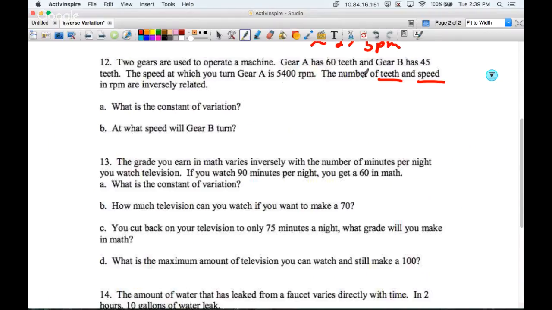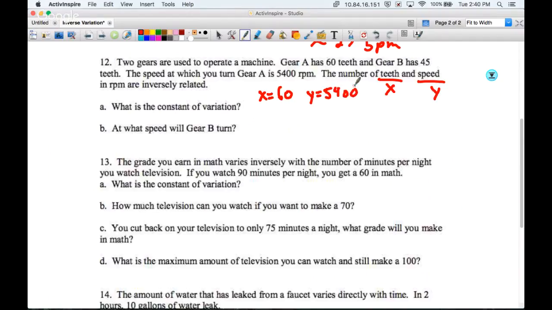We know inverse, so we'll say teeth is x, speed is y. There's some unknown k, but when we turn gear A, which has 60, x equals 60 in gear A, and then the speed y is 5,400.